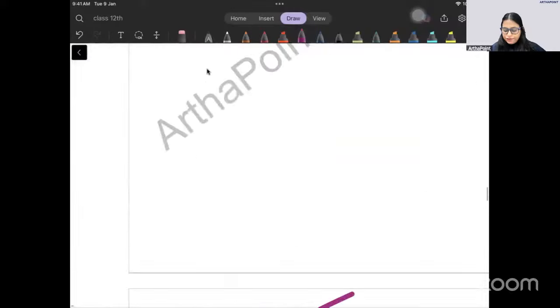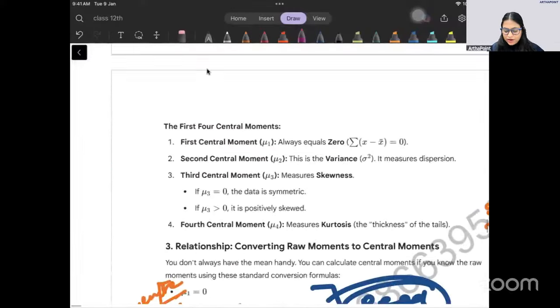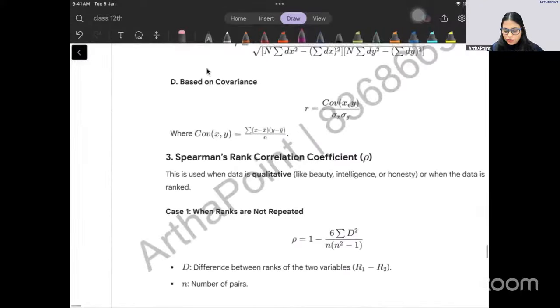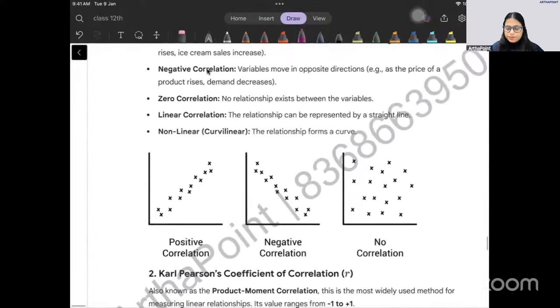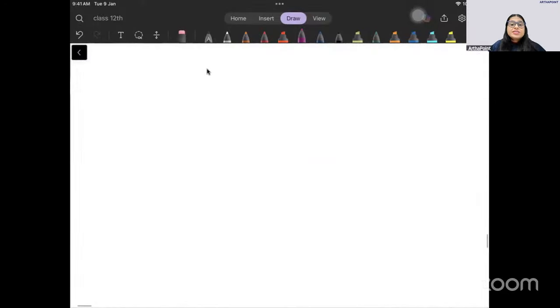With this, we have come to the end of the first important analysis. We have done mean, median, mode, skewness, kurtosis, moments and standard deviation.